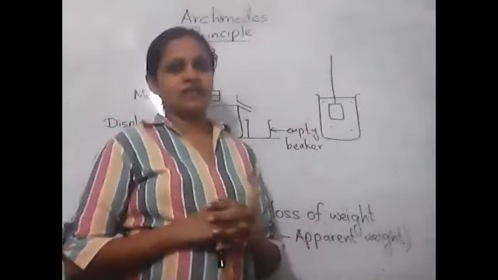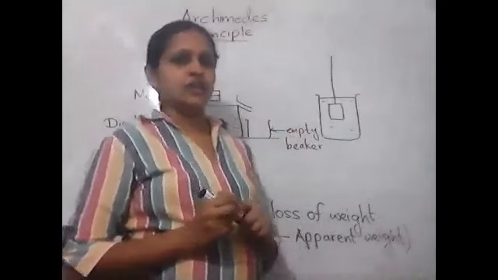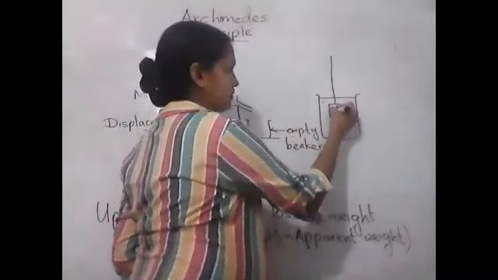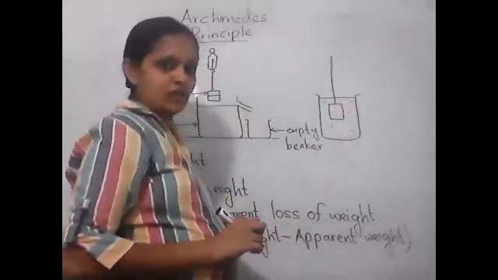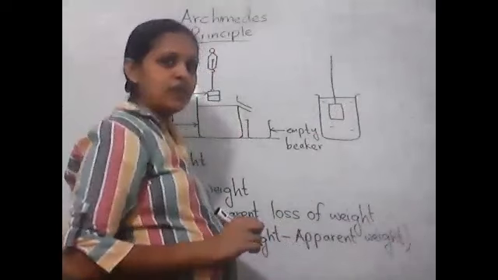Sometimes in the exam, they will ask you to mark the forces acting on this object. So here you have to concentrate on the balancing of the object. Here, all the forces should be collinear.